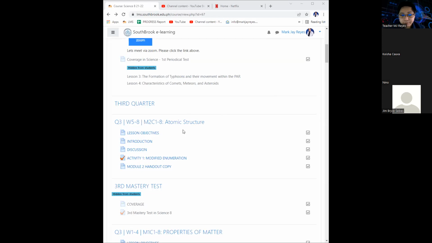And number 3, talking about the model, or how we can actually write the atomic mass and atomic weight in connection to a given element. Yes, any question?